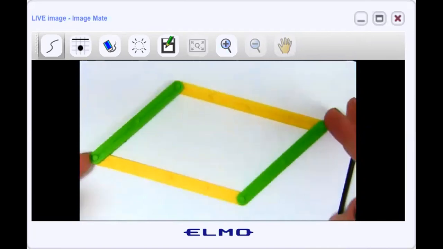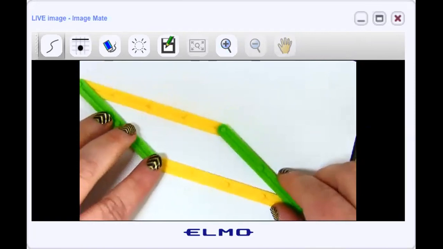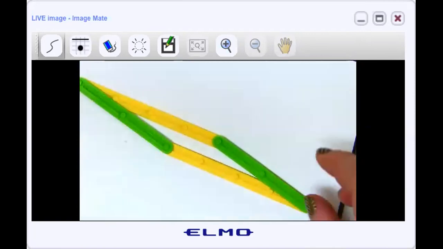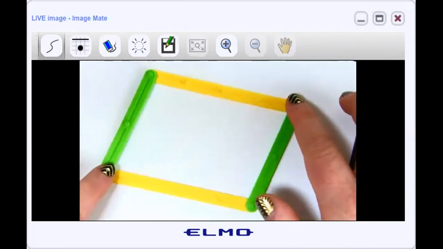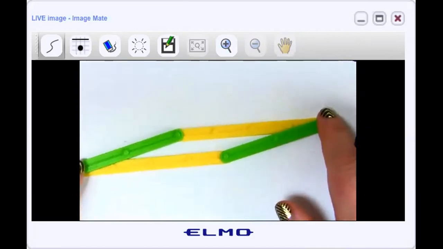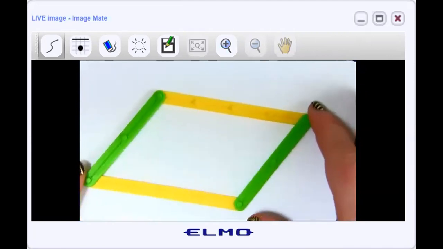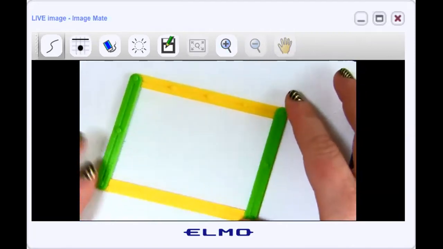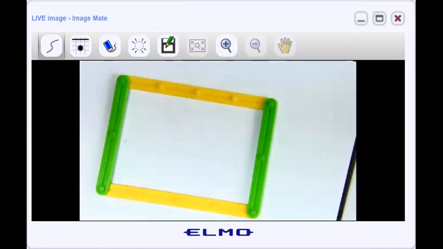So no matter how I kind of play around with this, each of these shapes is still a parallelogram. How cool, right? Now, if I wanted to make this particular parallelogram into a rectangle, I'd have to stop it where those are perfect right angles. Okay, so that looks about good. Now I have a rectangle.